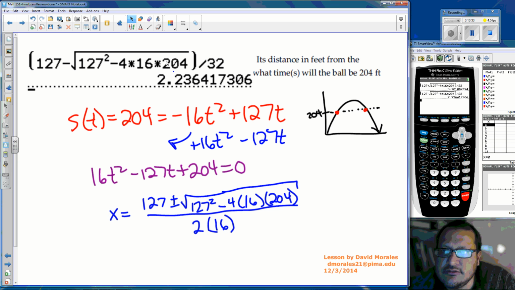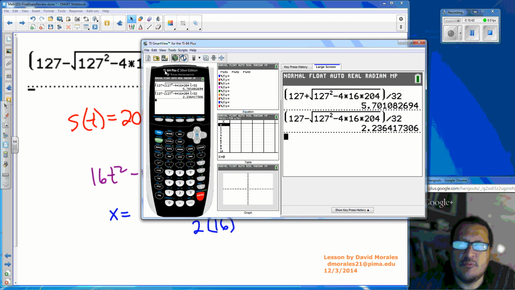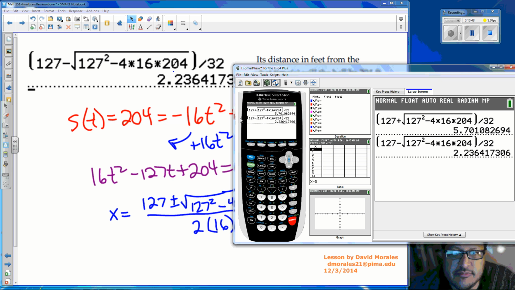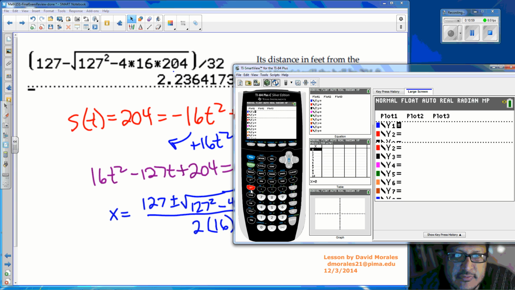We are going to solve this a different way. And what we're going to do is type this quadratic into the computer using our Y graphing abilities. So we have 16, now it's t, but we'll just use x squared here, minus 127x plus 204.